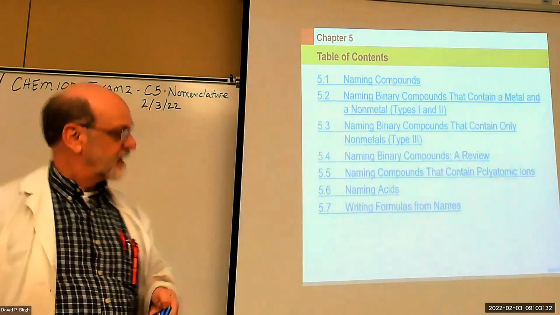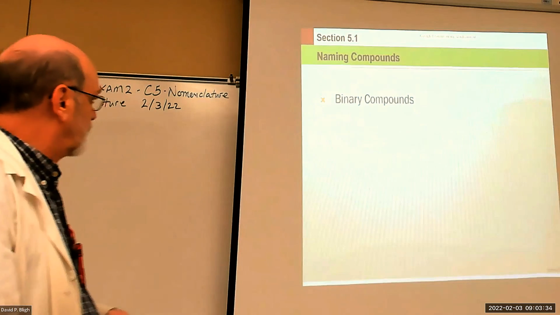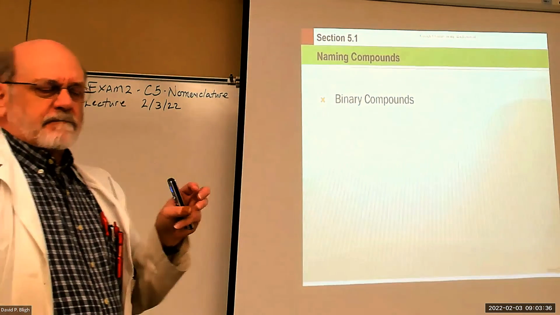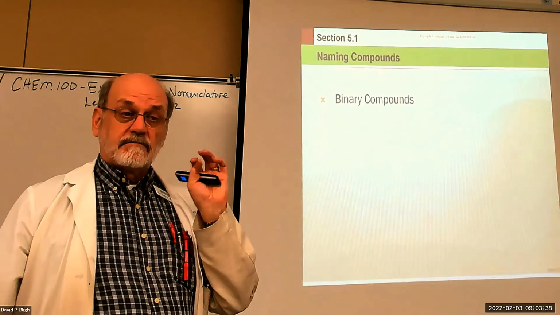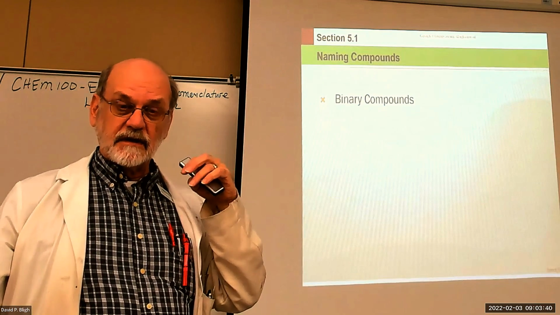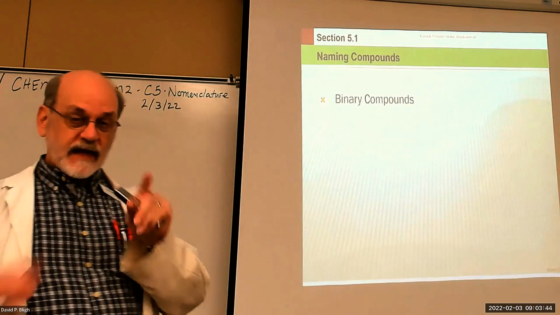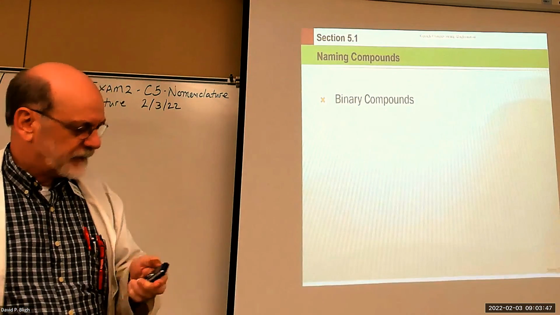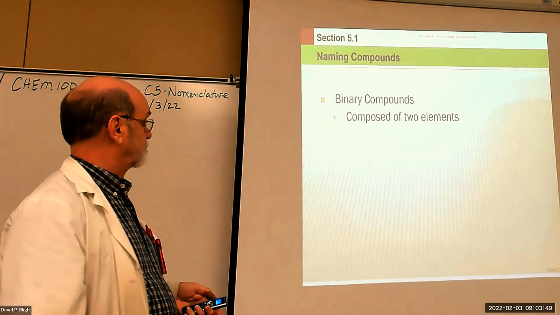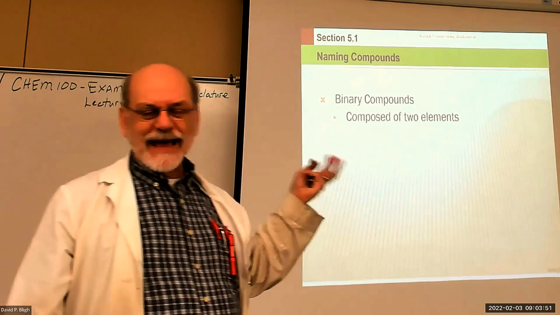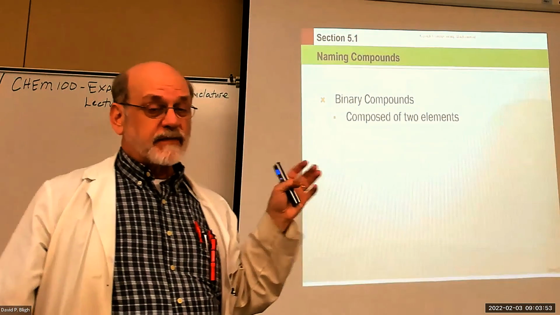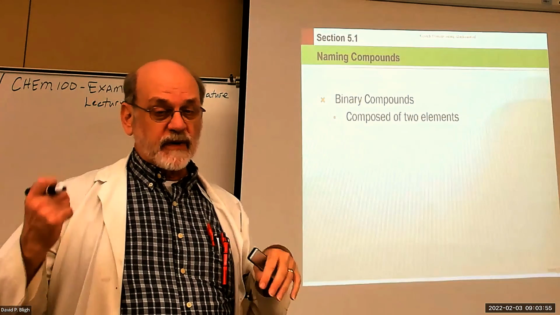All right. So the simplest compound for our naming purposes is a binary compound. That is, has two parts. Now, they say elements here. I don't think they mean elements from the periodic table.